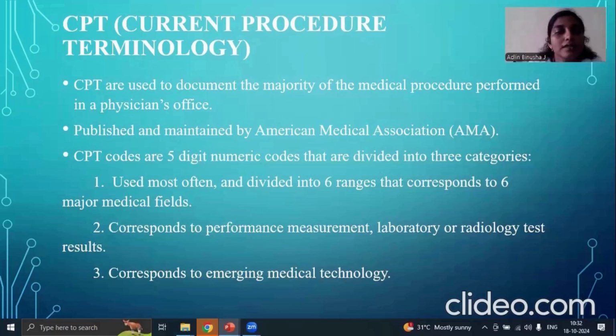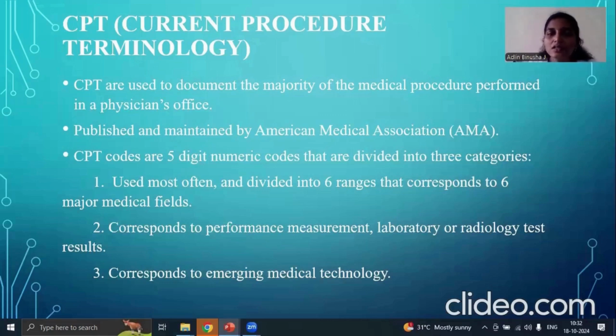Okay. In CPT, it's 5 numeric codes. Okay, the 5 numeric codes are divided into 3 categories. The first category is CPT codes based only on the 6 major medical fields. 6 major means it may be oncology, cardiology, pediatrics, gynecology.